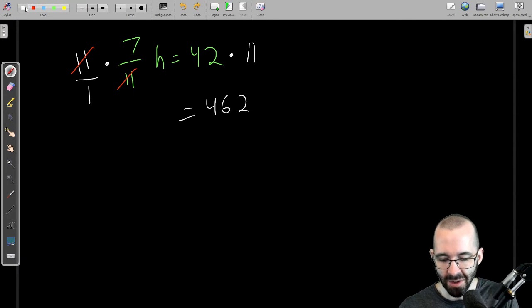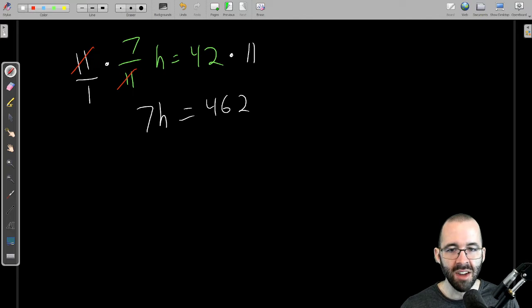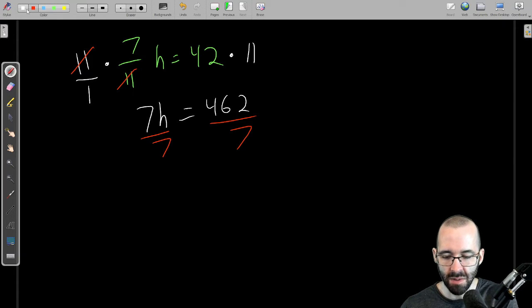All right, the colors are really losing it. And now what's happening to h? h is getting multiplied by 7. So we divide both sides of the equation by 7. On the left-hand side, the 7's cancel, and we just get h by itself finally. And the right-hand side is 66.